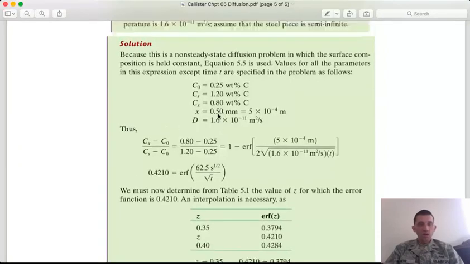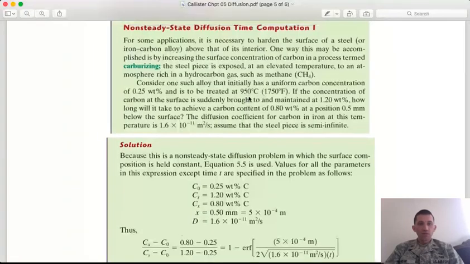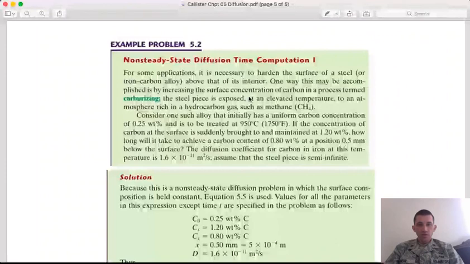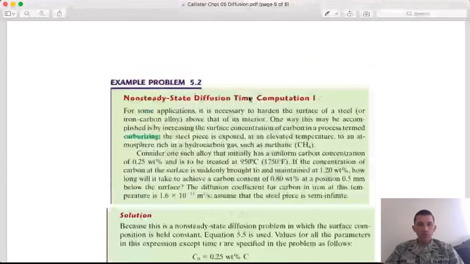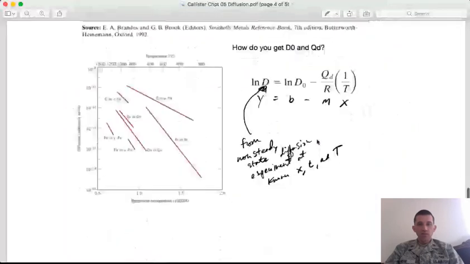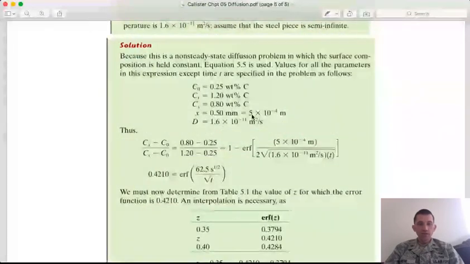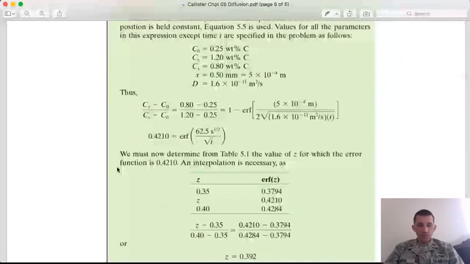And we can take the temperature, and consider the scenario that we're talking about, which would be carbon in iron. So we're going to pull the D0 value, the activation energy, and then the temperature in Kelvin to calculate this diffusivity value. So this is already accounting for our diffusion scenario and our temperature. It gives us that number, and then it's just a matter of plug and chug.